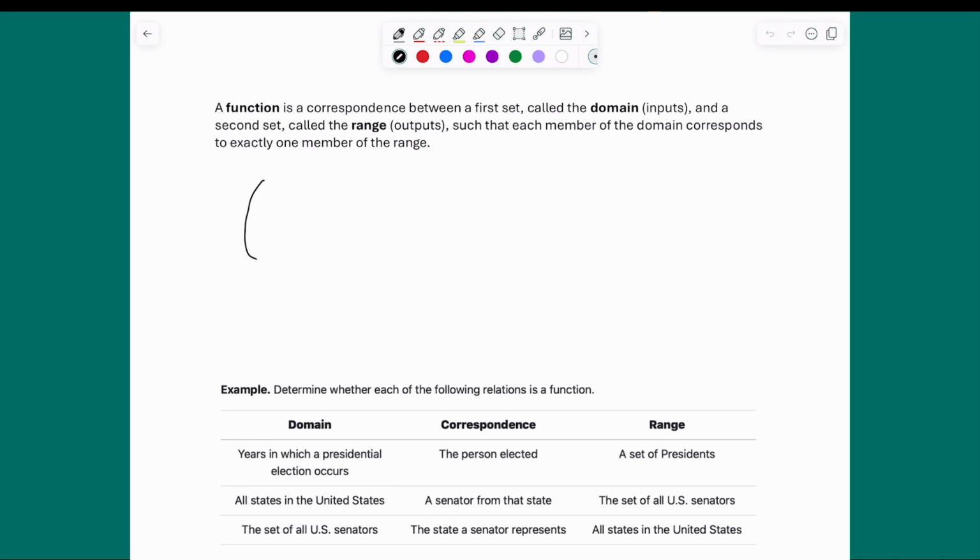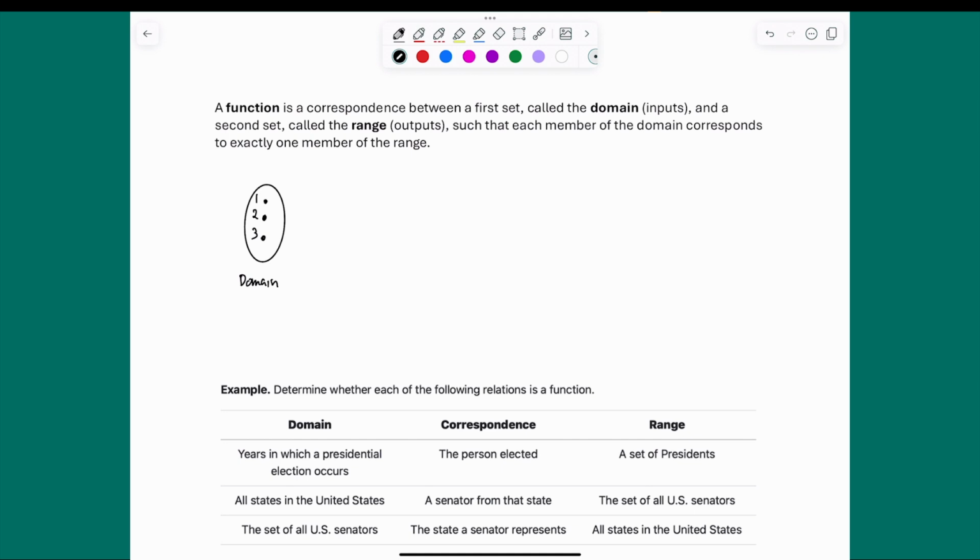So you can imagine having some kind of arrow diagram, with some domain. We'll call this the domain here, and for instance, this might be the values 1, 2, and 3.